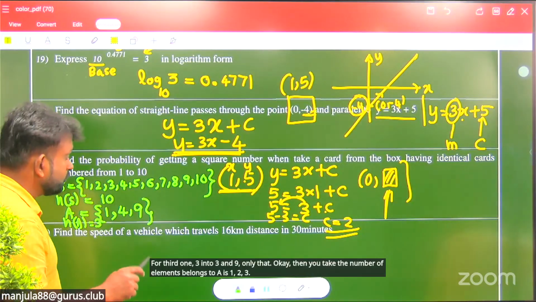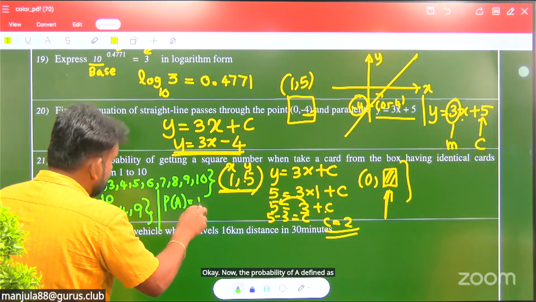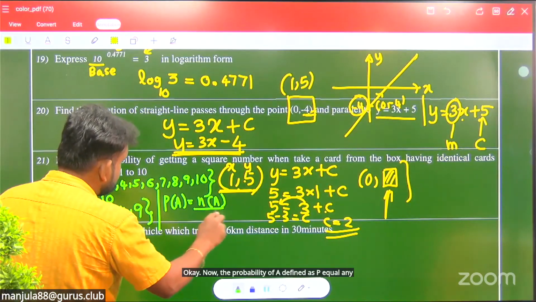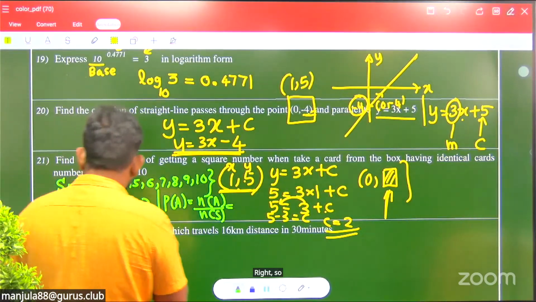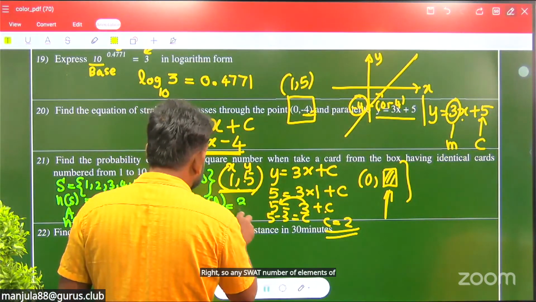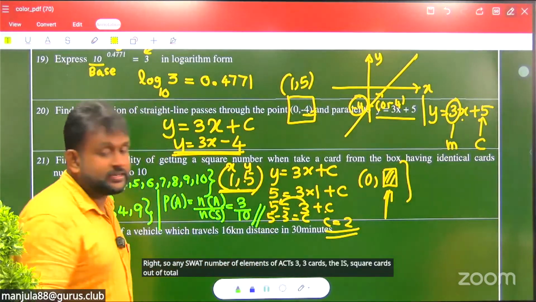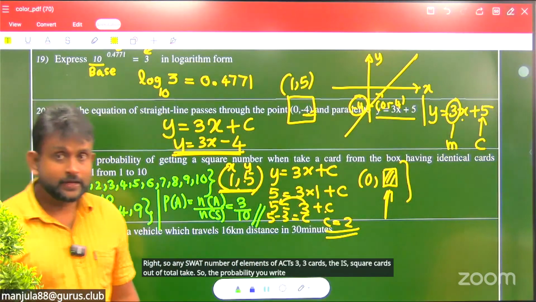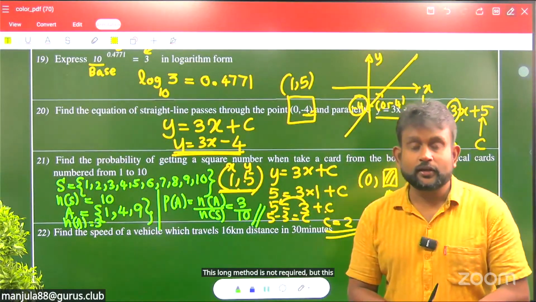Now the probability of A is defined as P(A) = n(A) upon n(S). So this is the big definition. n(A), the number of elements of set A, is 3: three cards are square cards out of a total of 10. So the probability you write as 3 upon 10. This long method is not required, but this is how you deal with it.